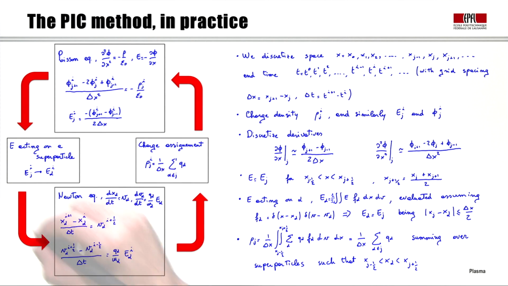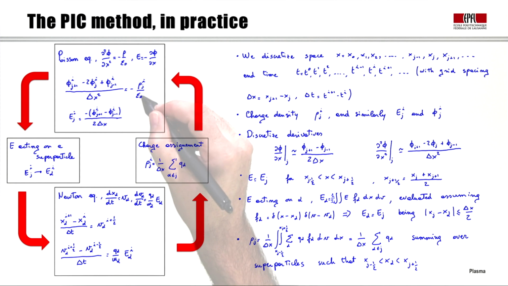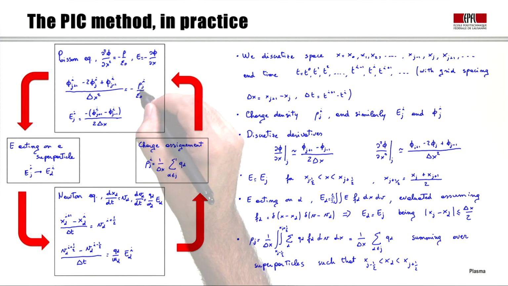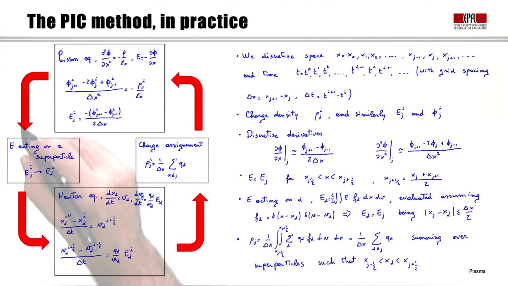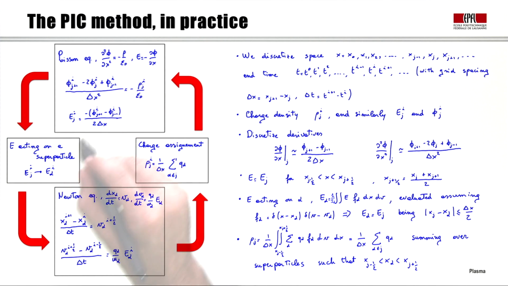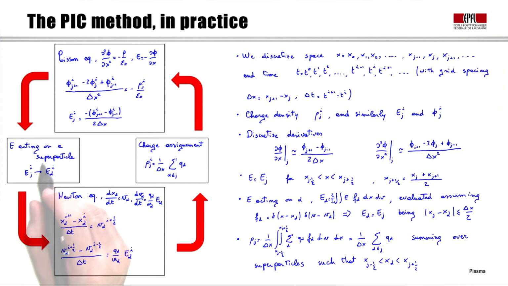So here is how the PIC method works in practice. We start by giving an initial condition where all the particles' positions are known, from which we can evaluate the charge distribution. By solving the Poisson equation we evaluate the electrostatic potential, and from this we have the electric field. From the electric field on the grid, we estimate the electric field acting on a superparticle, and once we know it, we can solve the Newton equation for each of the superparticles through which we are discretizing our distribution function.